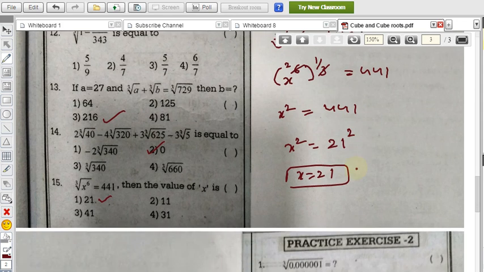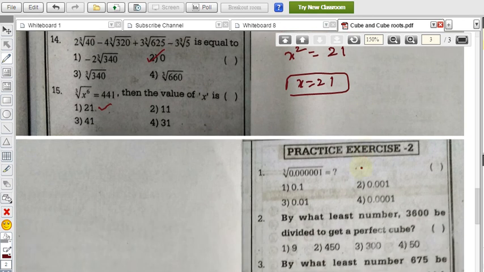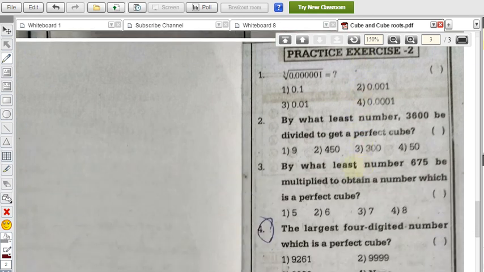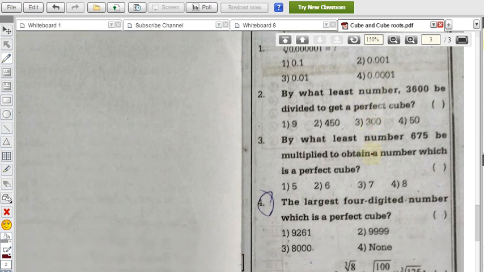Similarly, you can see some problems in practice exercise 2 also. Same questions. I'm not going to explain all of these, but if you want the solutions of these or some others, you can go to this also. Cube root of 0.00000, simplifying by what number? Third, fourth, fifth.